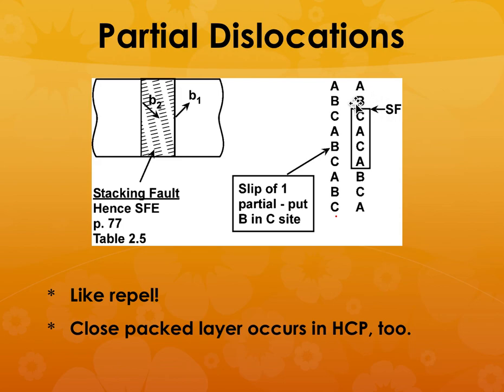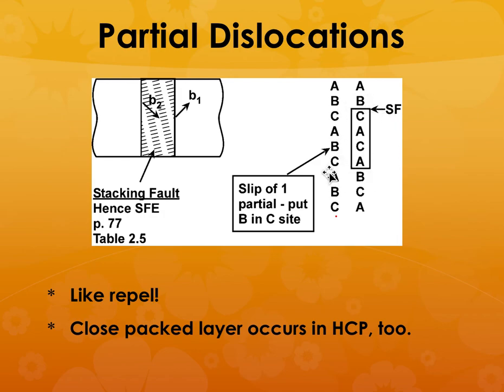Now your stacking sequence becomes ABC, AC, ABC, ABC, etc. So suddenly you have a stacking fault. B atoms have been put into the C site, and this is called the stacking fault in a lattice.